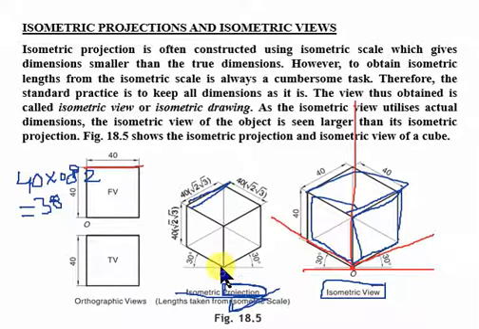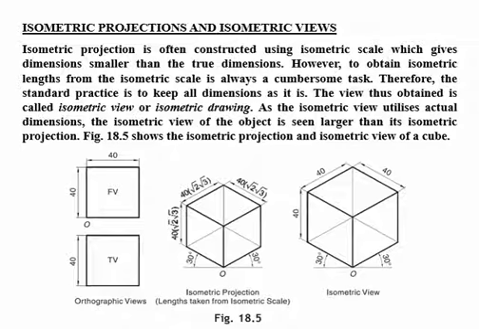So you need to draw a length of 38, and by doing so there will be shrinkage in your isometric projection compared to your isometric view. So please ensure in the question whether they ask you to find the isometric view or the isometric projection. Based on that, you need to draw the diagrams. Let's start drawing the diagrams straight away.